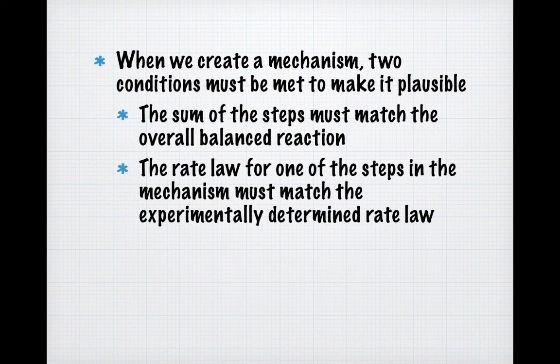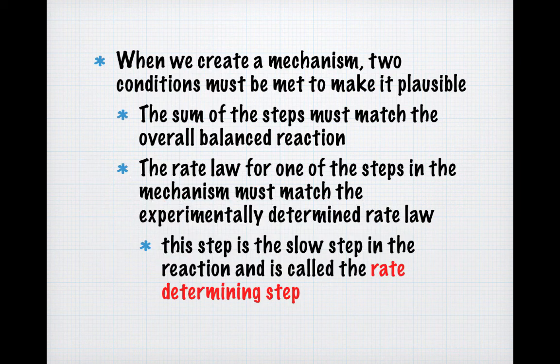And the rate law for one of those steps in the mechanism, remember you can write a rate law for each individual step, but one of those rate laws has to match the experimentally determined rate law. Now the step that does that is going to be the slow step in the reaction mechanism, and we're going to call that the rate determining step. The reason it matches the rate law for the overall reaction that you find experimentally is because that one step determines the rate for the entire reaction.